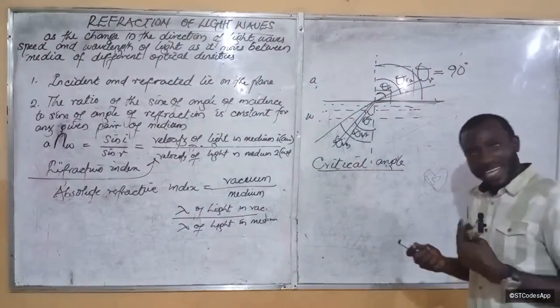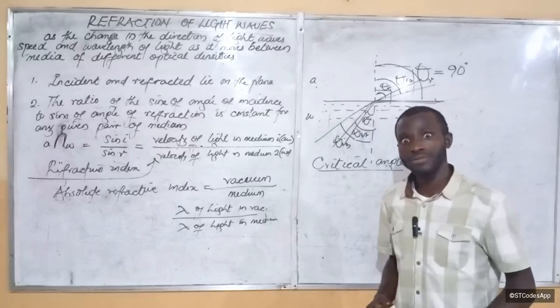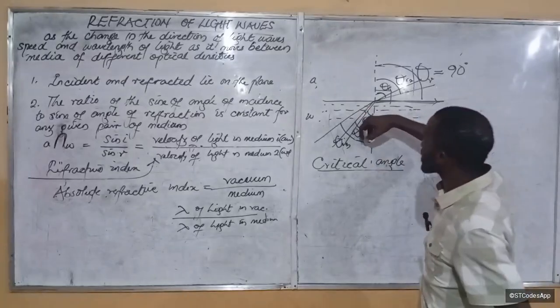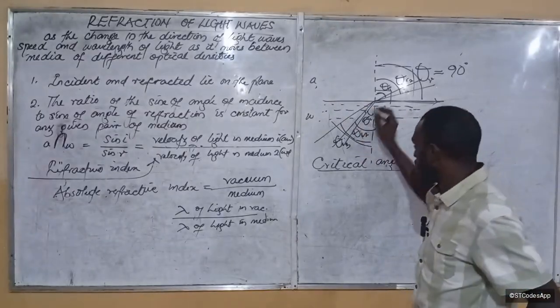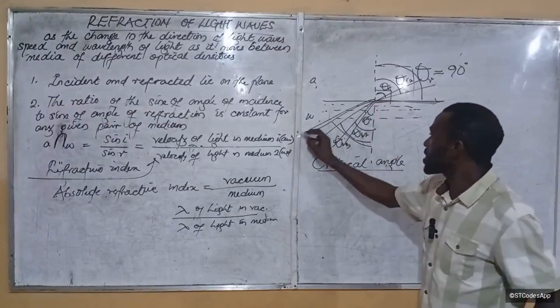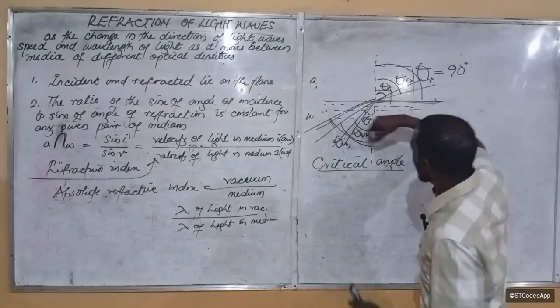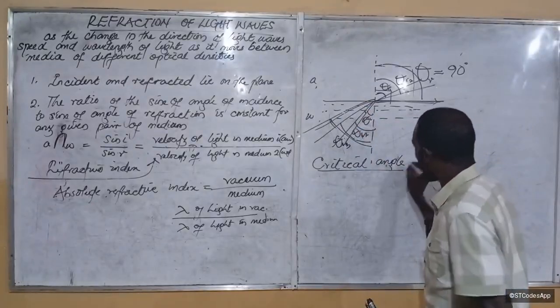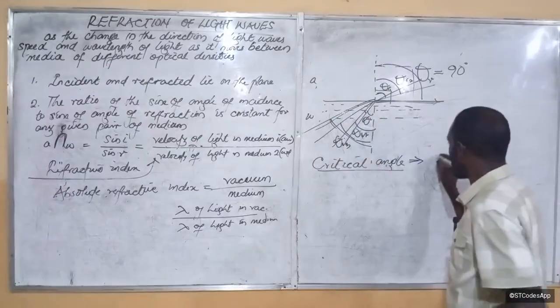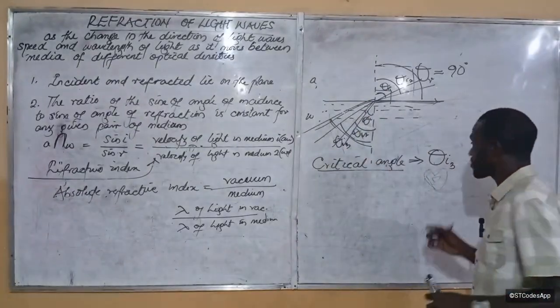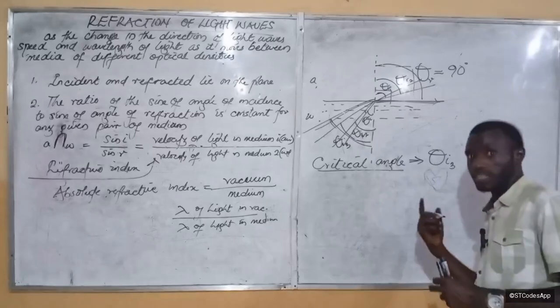Now, what will happen if I am stubborn and I decide to still increase this angle? You may think that it will go back. No, it will not go back. Remember that my critical angle for my example here is theta i3, my third angle of incidence.